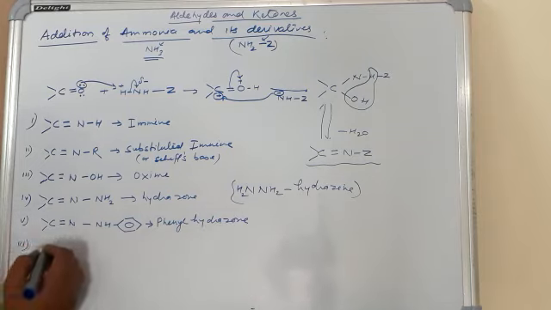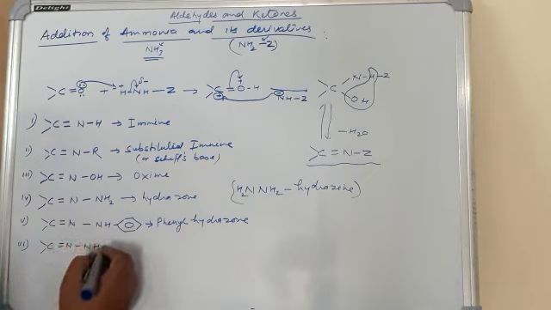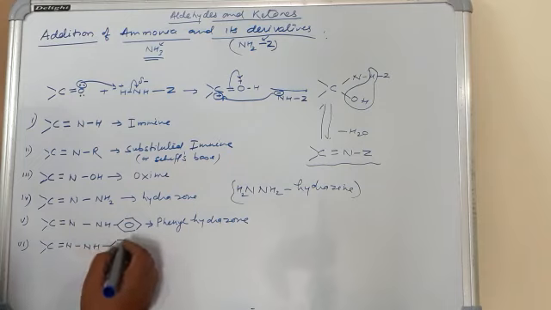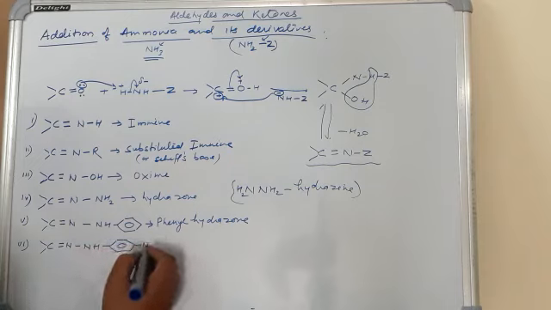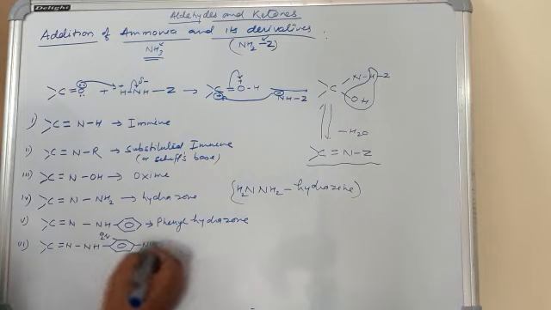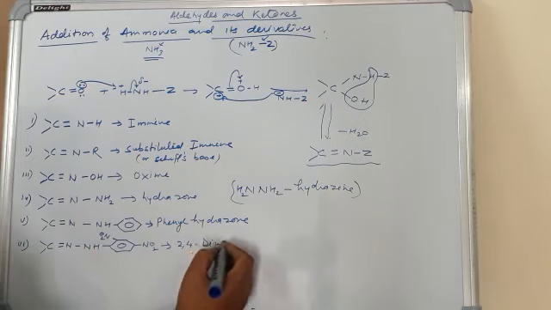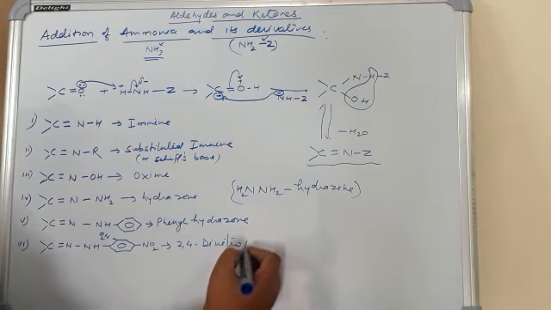Next, if on the phenyl group there is an NO2 group at position 4 and position 2, it is known as 2,4-dinitrophenylhydrazone.